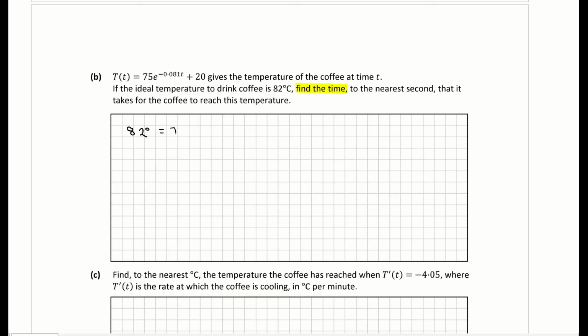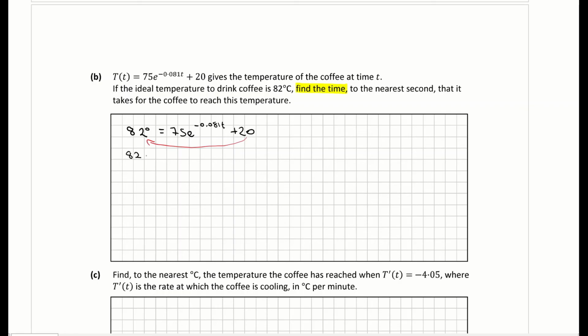So that's going to equal 75 e to the power of minus 0.081 t plus 20. A little bit of algebra here. I'm first of all going to subtract 20 from both sides. Follow your rules of BIMDAS here for the order.